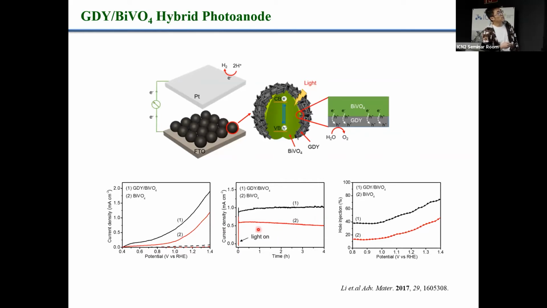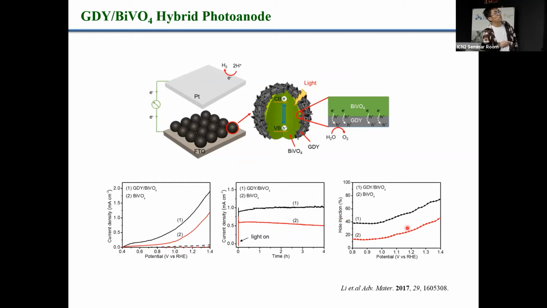We can see the graphene-coated bismuth vanadate stays more stable than the bare bismuth vanadate, because the bare bismuth vanadate usually undergoes self-oxidation, but when we coated the graphene, the self-oxidation was inhibited, and the graphene can extract the holes to participate in oxygen evolution instead of self-oxidation.